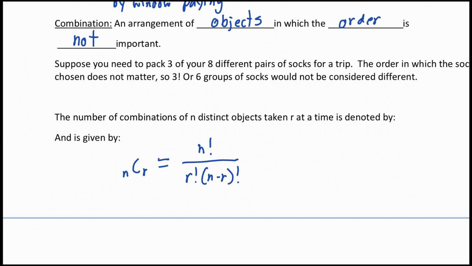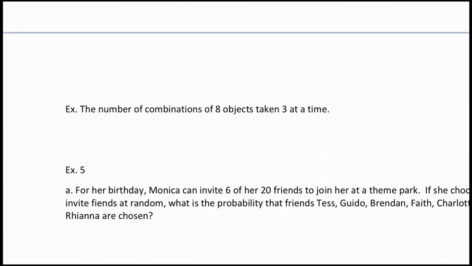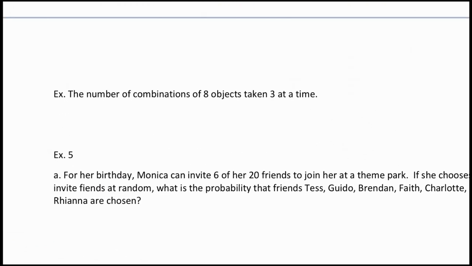So this is the equation when the order does not matter. All we're adding is an r factorial in the denominator. Do we all see that? Okay, can I go? Alrighty. So we want to find the number of combinations of 8 taken 3 at a time. So again, we have 8 and we're choosing 3.